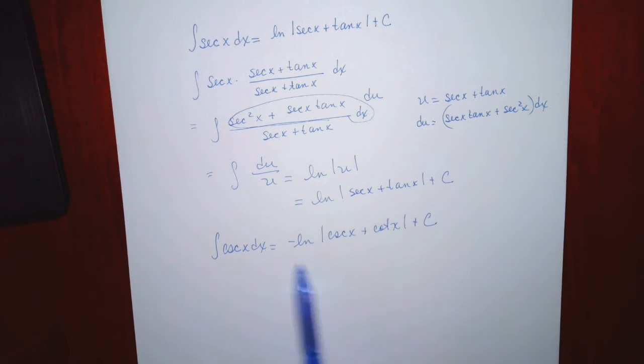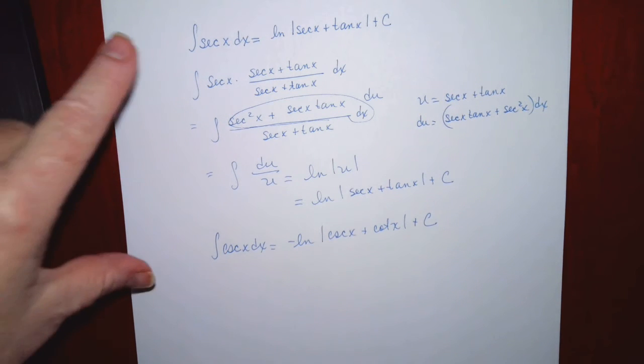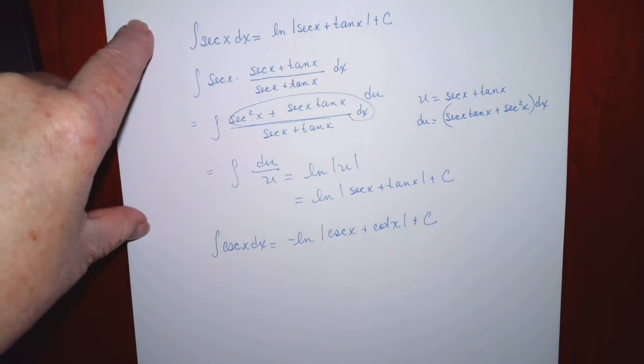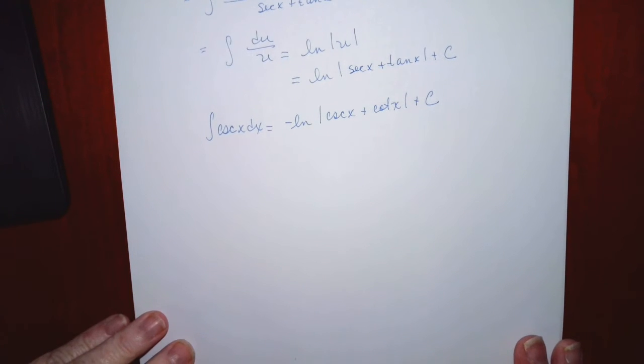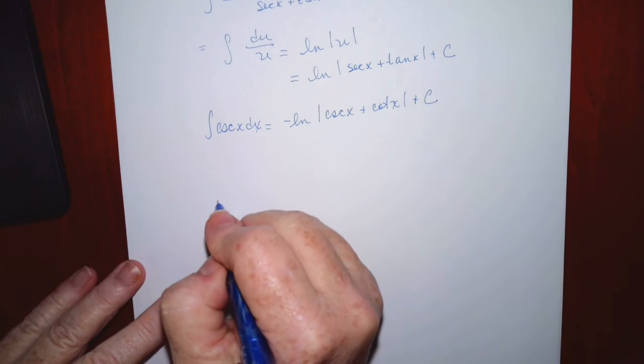I'm going with this form because that's the one our book uses. Okay, so these two guys, memorize them, because you will be using them quite a bit in the next few sections.